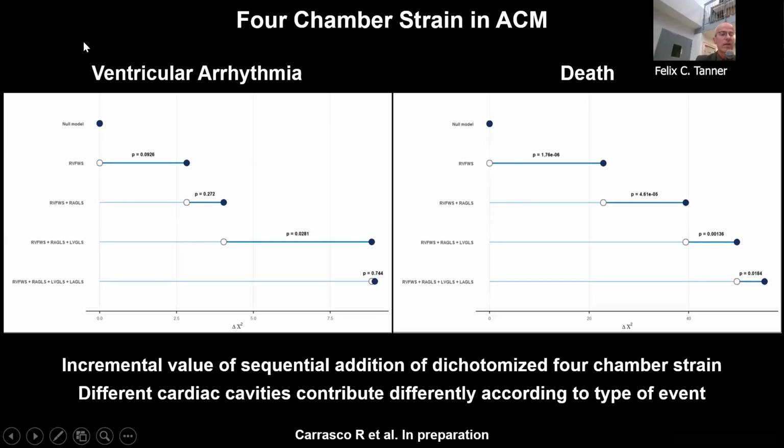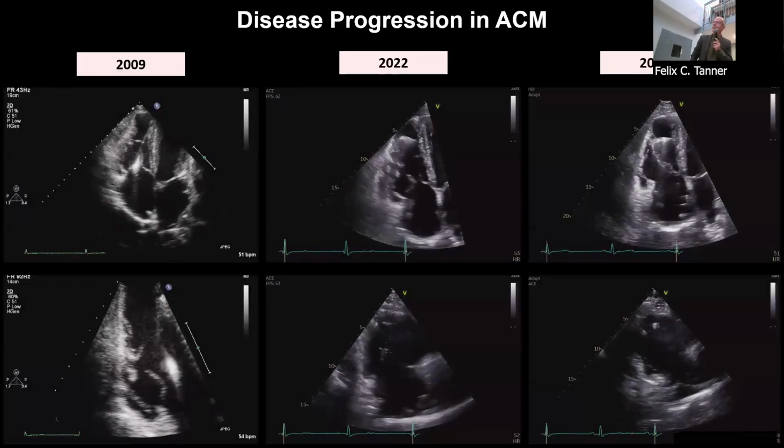But when you look at the arrhythmia, you do not. You only gain something with the right ventricle and the left ventricle, and the atria are not helpful here. And Rodrigo is now working on a continuous risk model, not a dichotomized risk model. He is struggling with that, but there we need a data-driven approach. So we are working on it.